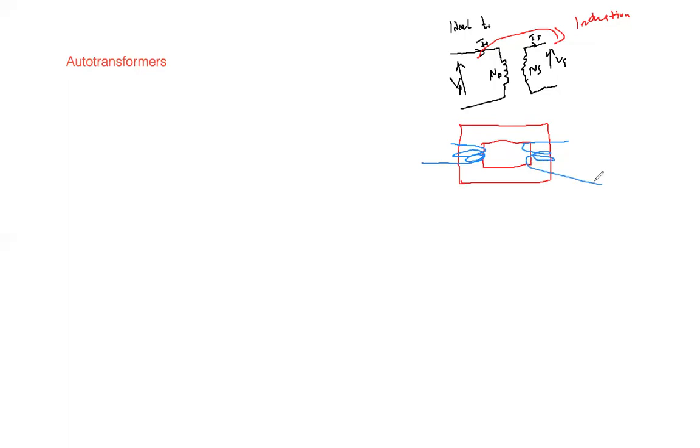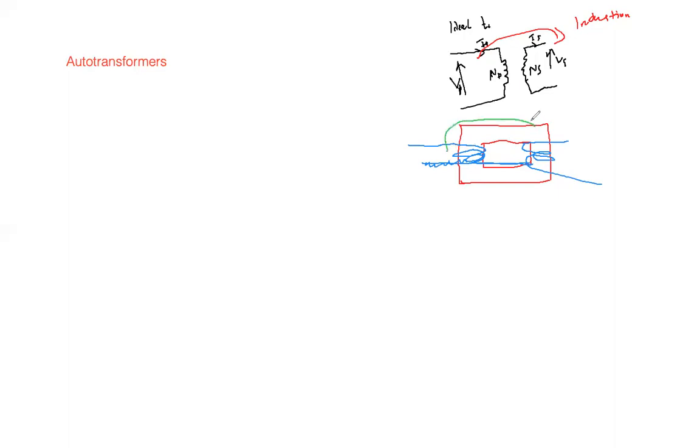But with an autotransformer, we will have some sort of electrical connectivity between the primary side and the secondary side of the transformer. That means we now have 2 ways in which energy is being transferred.